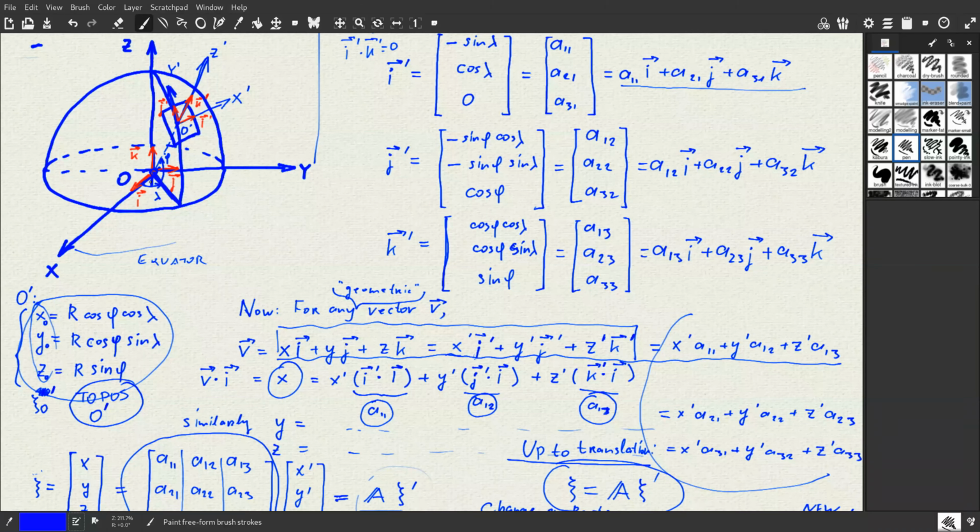So change of basis is sufficient when we do not care about translations for whatever reason. So it may very well be, for example, in a geometrical example like that, that indeed points O and O prime coincide. Only the bases are different.